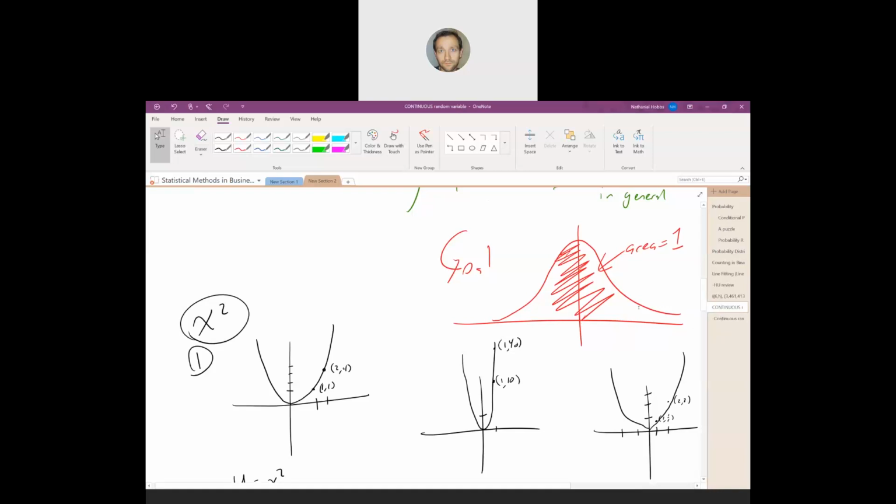So p-value is looking at a normal curve and measuring the area underneath it. We'll talk about how to do that without calculus, but you could do it with calculus and think about it as the area under the curve. The way we're going to go about calculating it is a little bit different.